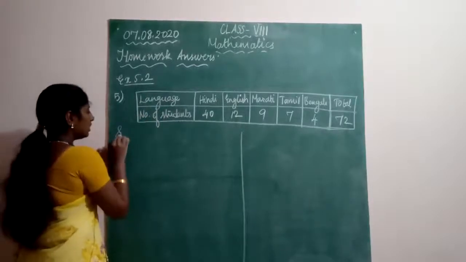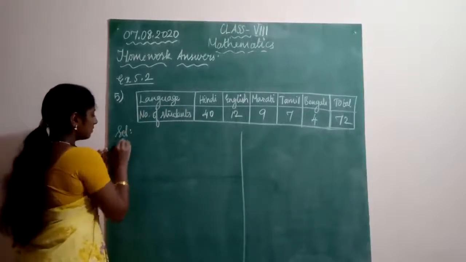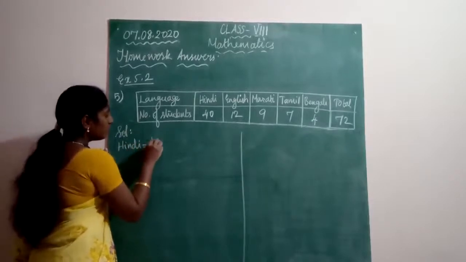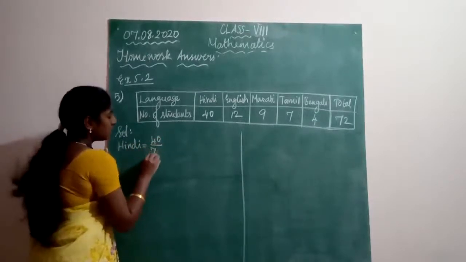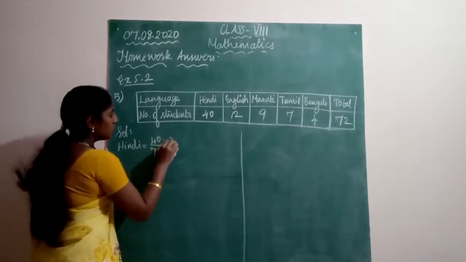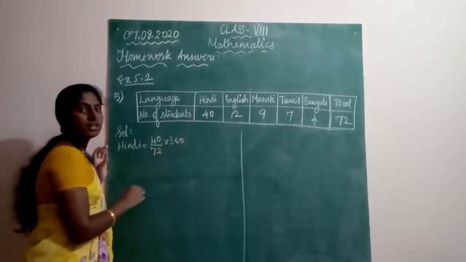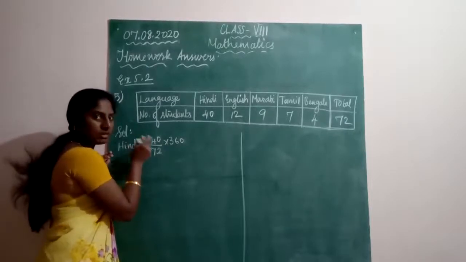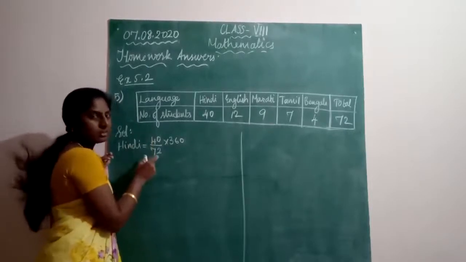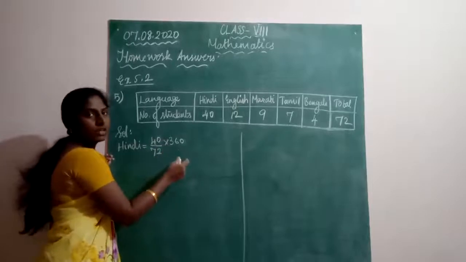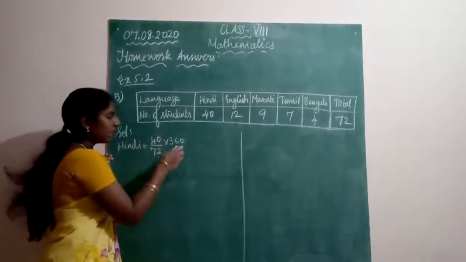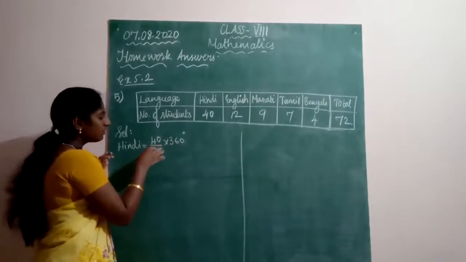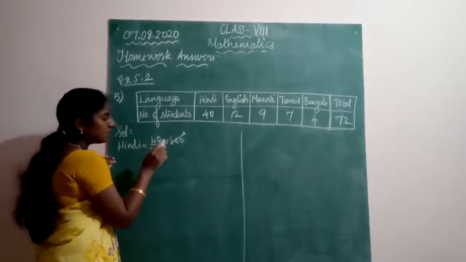Okay, so for Hindi, what will you do? 40 divided by 72 into 360, right? Yes, you have to divide the particular observation divided by total number of observation into 360, that is central angle, complete angle of the circle. Okay, so this will give you 72 and 360 will get cancelled.